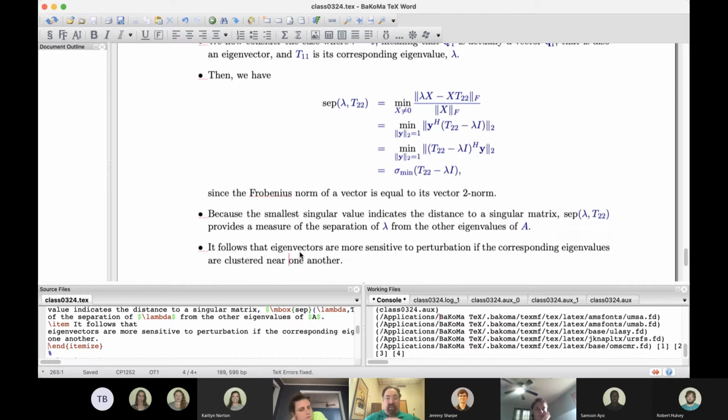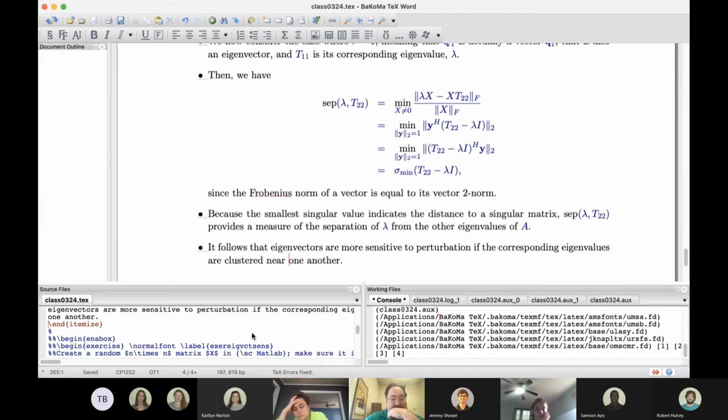So the main point, really the only point I want to make from this discussion, which I know I'm glossing over, is this. If an eigenvector has an eigenvalue that is clustered near other eigenvalues, then those eigenvectors are more sensitive.